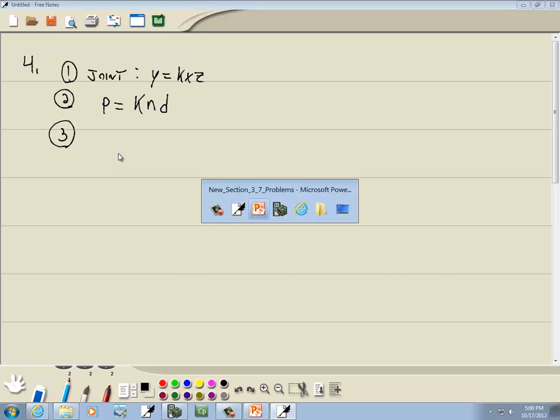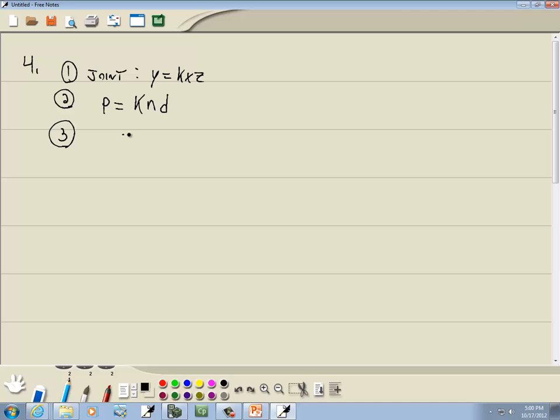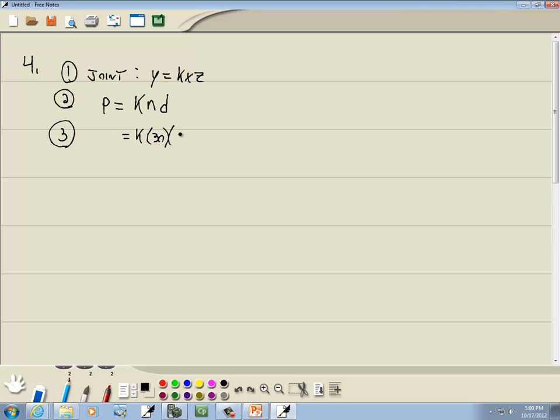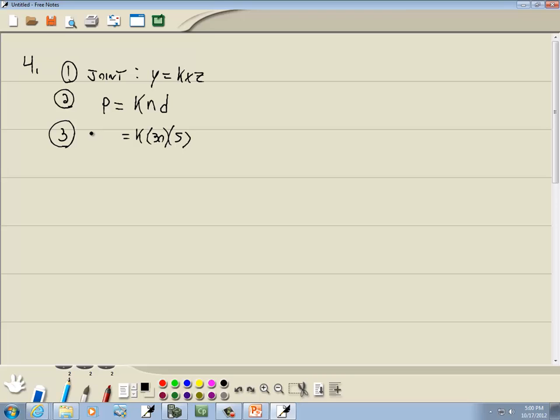Step 3, look for our one example. It says when 30 men, so that's N, worked 5 days each, so that's D, payroll was 2,000. So we got 2,000 is equal to 150K.